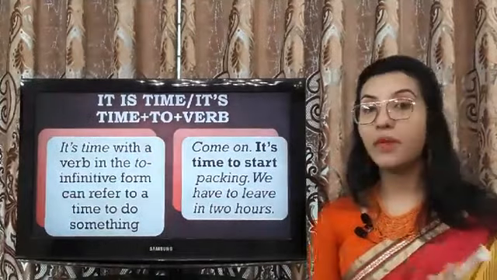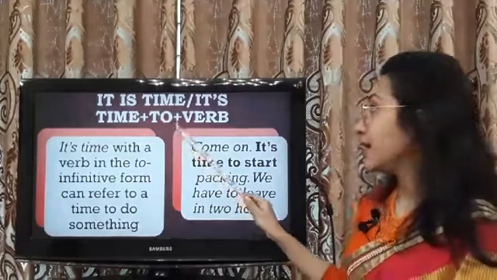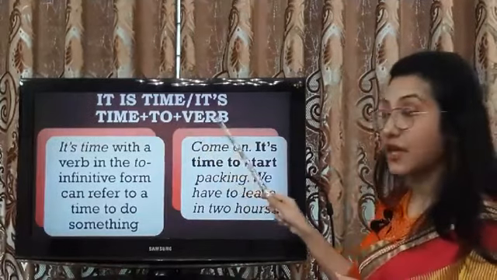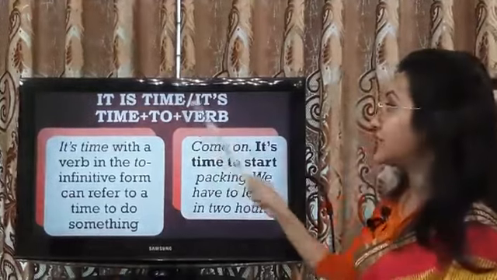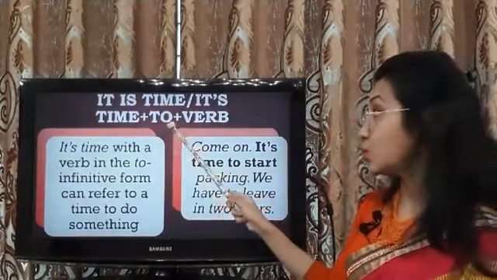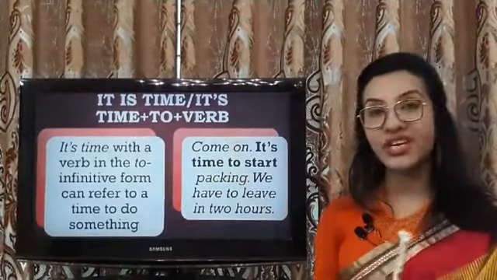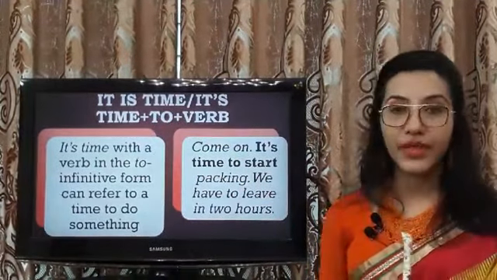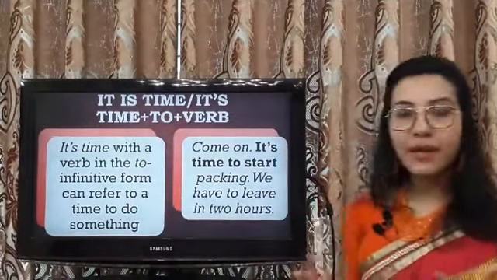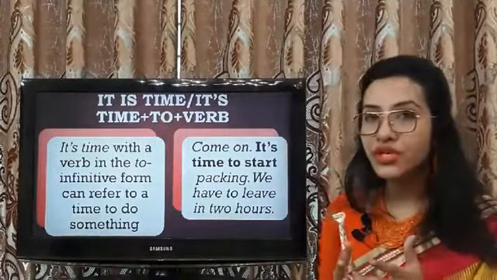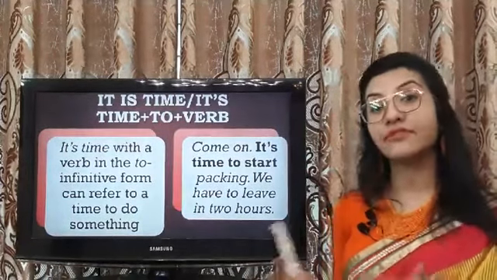So remember, it is time, then if your verb has to as infinitive, to plus verb. So if you have it is time, then you have infinitive, that means to plus verb. Then the verb we use must be in present form, V1. For example, when many friends are hanging out, we say, it's time to have a coffee, it's time to have some fun.